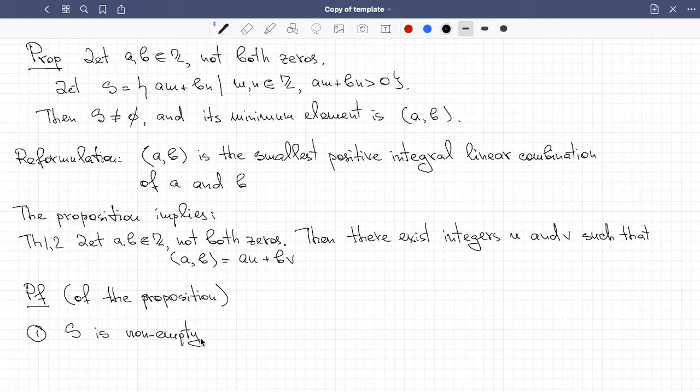In order to justify this claim, we need to find at least one element in this set. Set S is the set of all combinations AM plus BN which happen to be positive. It suffices to find M and N so that this number AM plus BN is positive.